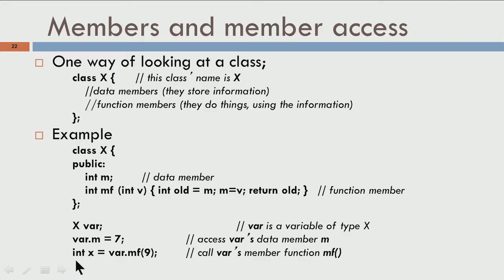So, here if you go and print var dot m after this line, this would have the value 9. So, basically the nice thing about this class is that we have the members accessed with dot m, the methods are also accessed with dot. So, both the methods and the data members are accessed using the dot operator.